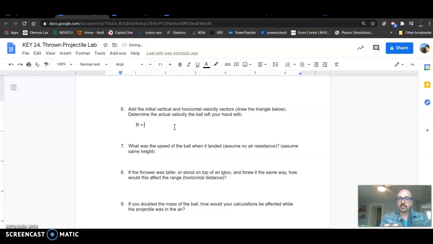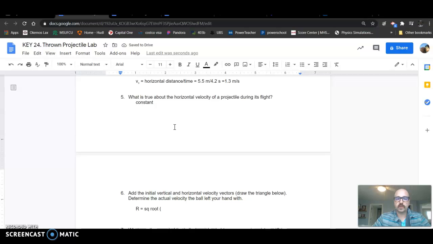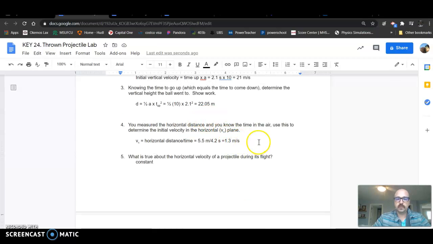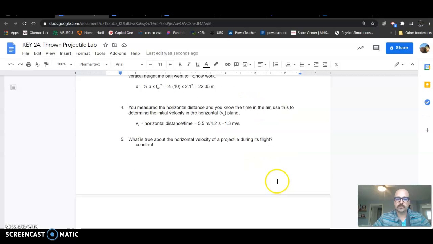And so I'm not going to draw the triangle in here, but we've got the horizontal component and the vertical component, and those make up the actual velocity, which is the hypotenuse of that triangle. So what I've got to do is it's square root of horizontal velocity squared and vertical velocity squared.